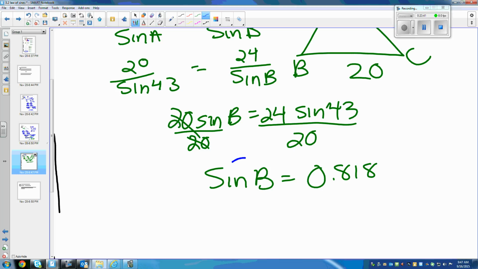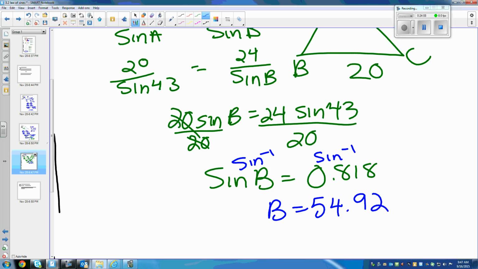Second sine. So I do the sine to the minus 1. On my calculator, can someone do that for me? Good.